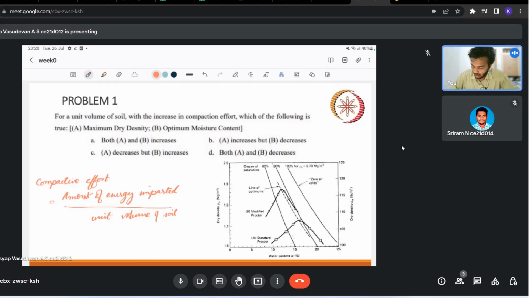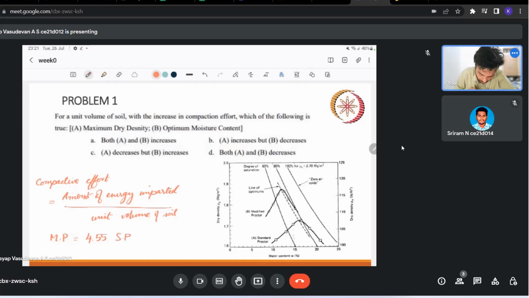Comparing modified Proctor and standard Proctor, the compactive effort of the modified Proctor test will be almost 4.55 times that of the standard Proctor test.